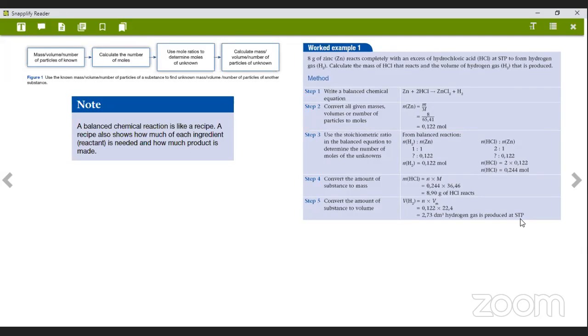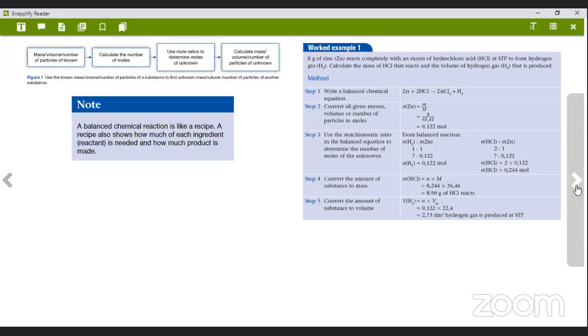I hope you guys understand this example. I know if you're not sure what's happening, it's kind of difficult for you to think like how they got some of these answers, especially this part here. But we're gonna get back to it because I do have a problem that I think will make things easier for you guys that we'll do later on.